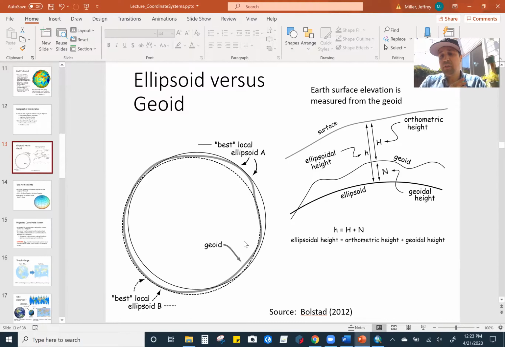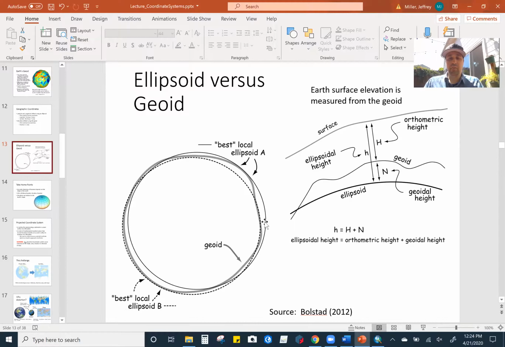Then we subtract the two and come up with what's known as an orthometric height. An orthometric height is where you're going to end up with that 1,000, because it takes both things into account, and that gives us the most accurate representation of what a precise elevation is, or where it's located.